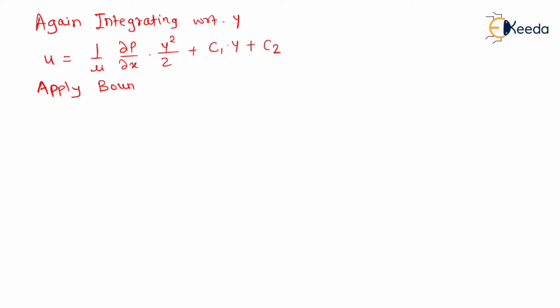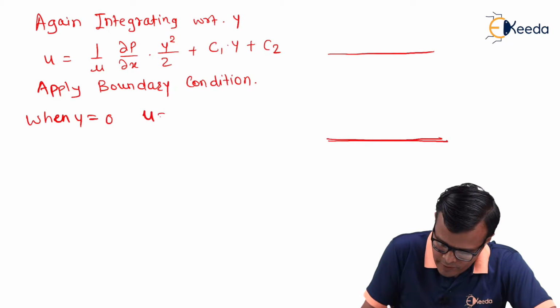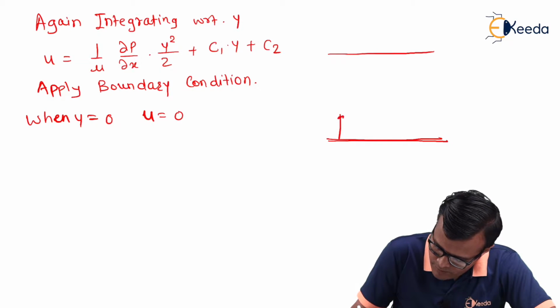So we will apply boundary conditions. Say for example, if these are the two plates, then when y equal to 0, u equal to 0. We all know this y value is measured from this surface.